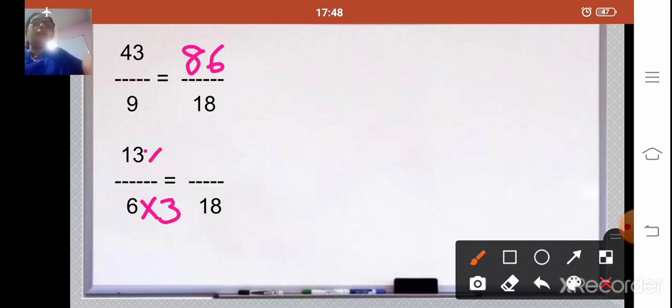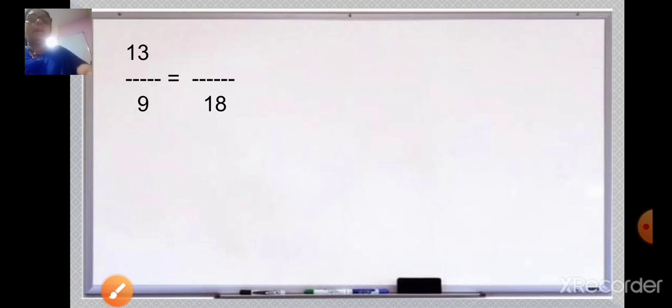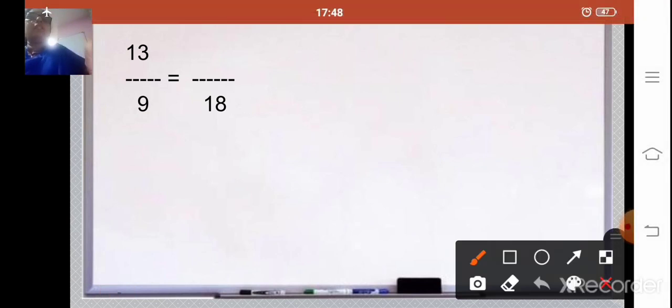The same way 13 multiplied by 3 will give you 39. Now the third fraction, 13 upon 9. Here 9 multiplied by 2 is 18, and the numerator also multiplied by 2 will be 26 upon 18.